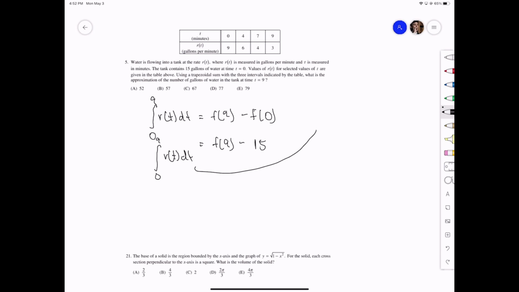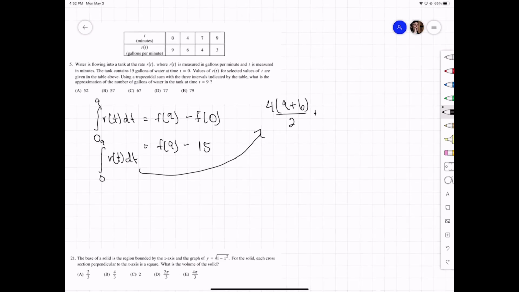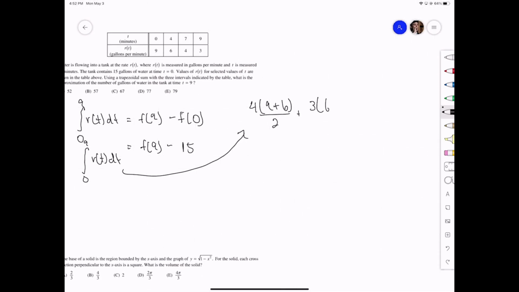So from 0 to 4, it's 4 times (9 plus 6) divided by 2, plus 3 times (6 plus 4) divided by 2, plus 2 times (4 plus 3) divided by 2.